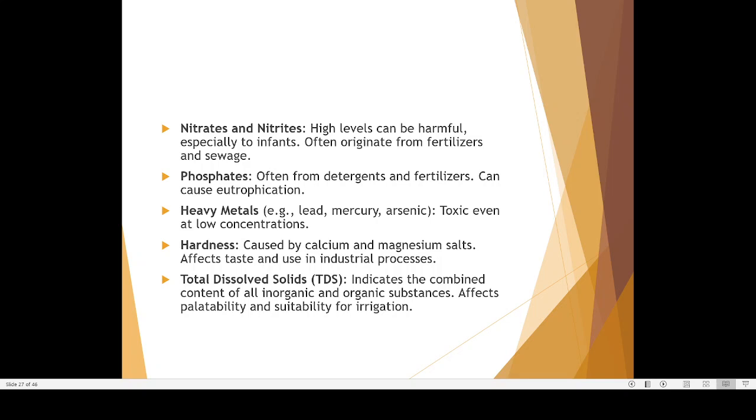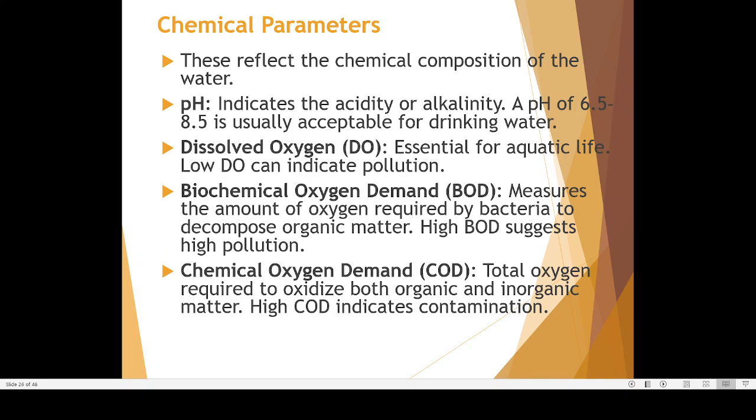Then total dissolved solids, TDS. Sometimes you might have heard about that. This indicates the combined content of all organic and inorganic substances. It affects the palatability and suitability for irrigation. So these are the chemical parameters which are affecting the water quality.